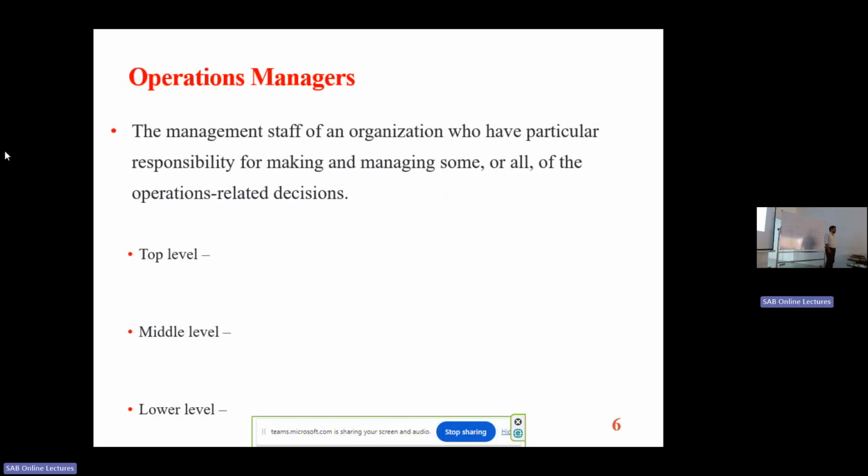At the same time, we will touch upon top level operations decisions, because design decisions we are going to talk about should involve the top level. So mostly middle level operations management responsibilities and some amount of top level.